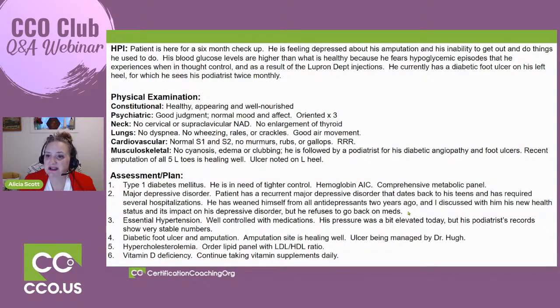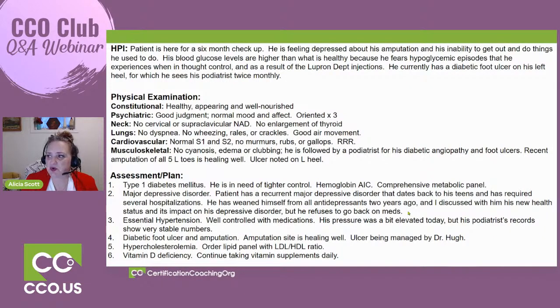That's different than a new depression due to my amputation. He weaned himself off his antidepressant 2 years ago, and they discussed his new health status and its impact on his MDD, but he refuses to go back on meds.